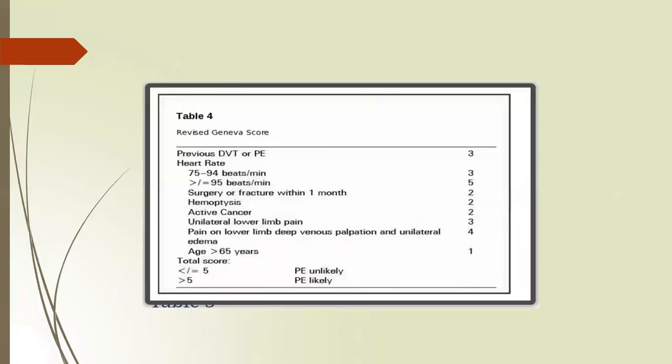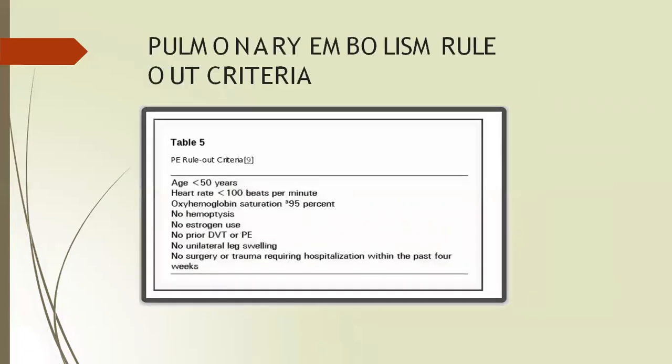Here you can have a look at the table. These are revised Geneva scores. And this is the pulmonary embolism rule-out criteria.